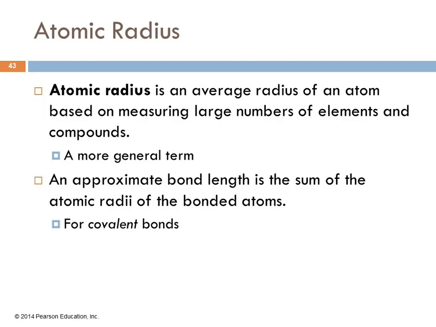This atomic radius in the general way gives us an approximate bond length. It gives us a way to kind of estimate how long bonds are by just adding together the atomic radii of the bonded atoms. And this works for covalent bonds, doesn't work for ionic bonds.